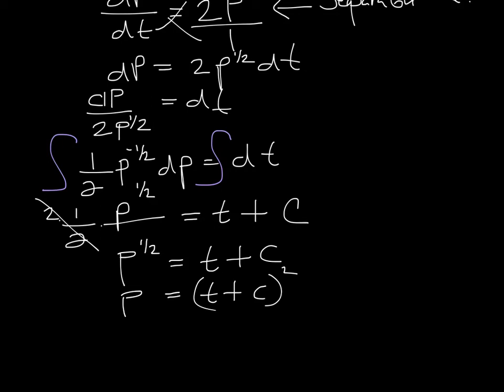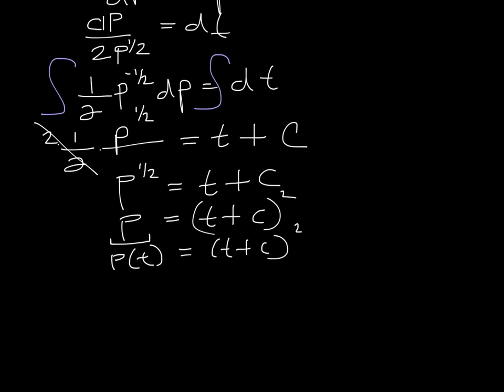Again, we have a model. This really represents P of t, a function of t. And what is our goal? Our goal is to find P of 12. We can substitute 12 for t, but we need to know what our constant c is. So we use the given information again.